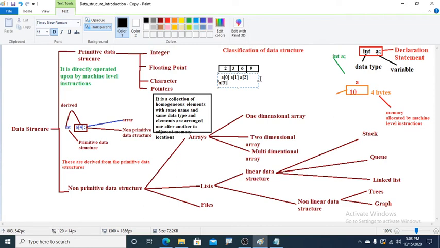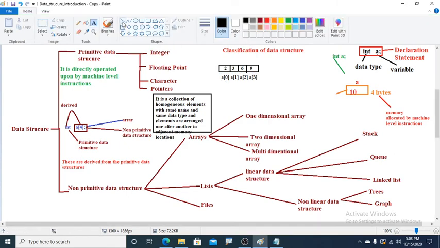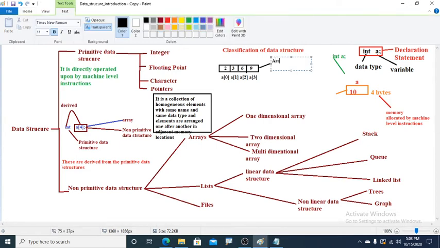So now understand, 2, 3, 6, 9 is an example of an array. It is a collection. 1, 2, 3, 4, four elements are there. These four elements are one collection.